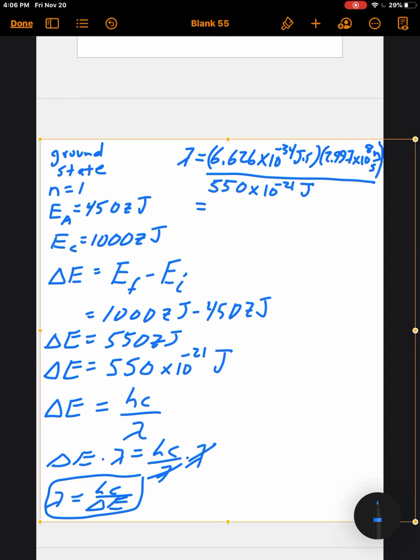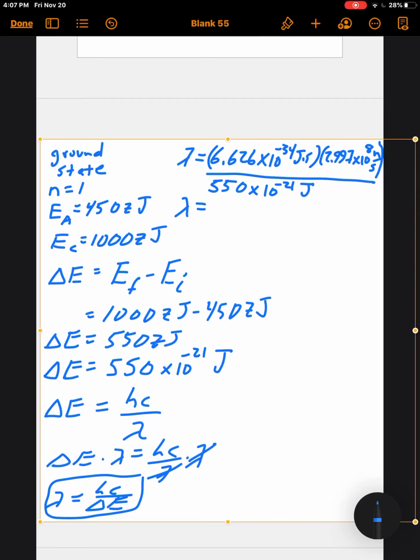Okay? So let's calculate that out and see what it is. 6.626 times 10 to the minus 34 times 2.9979 times 10 to the 8th divided by 550 times 10 to the minus 21.